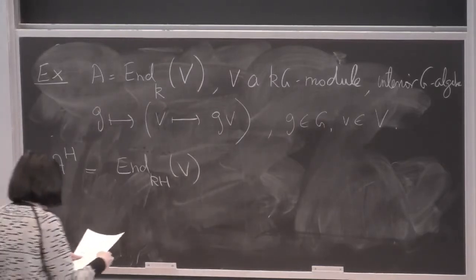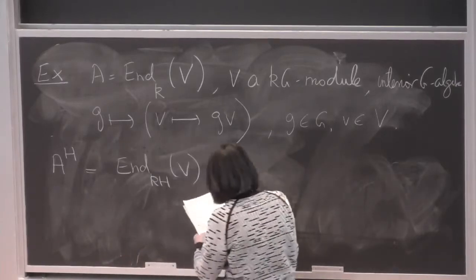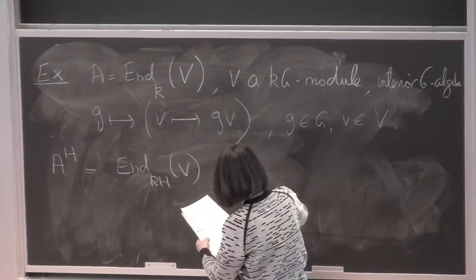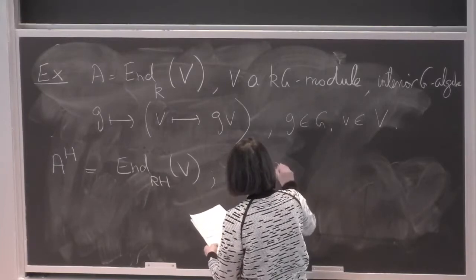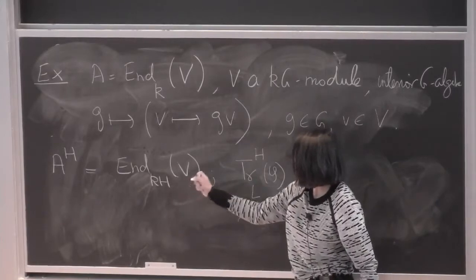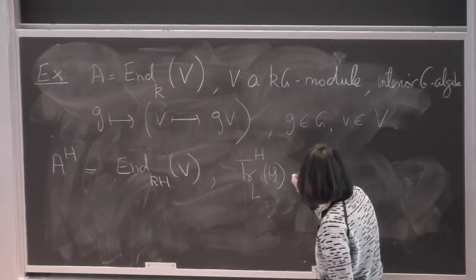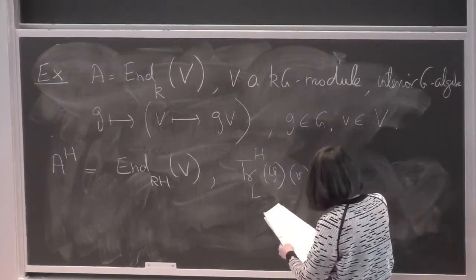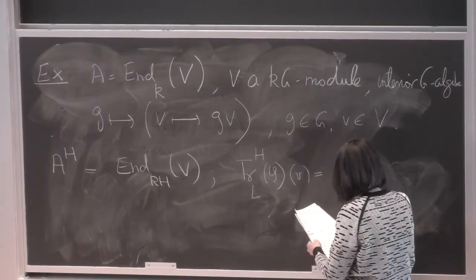And then what does it mean to take the trace of an endomorphism of something in here? Let me write the trace from L to H of some element in A^L, some homomorphism phi like this. What does it do to my vector, to this element of the vector space? This map we have seen last time, at least a piece of a map we saw already last time. Again, very classical.